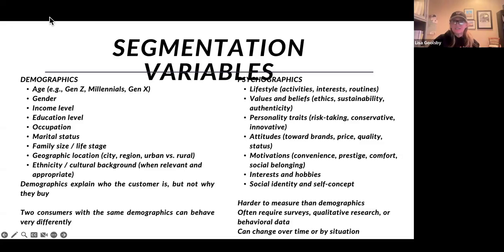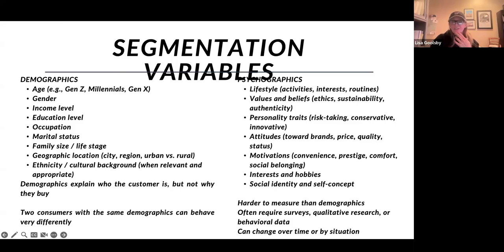When we go to psychographics, that is information such as lifestyle, which is activities, interests, routines, values and beliefs, personality traits, attitudes, might be attitudes towards brands, the price, the quality, motivations, things that motivate them, interests and hobbies, social identity. These things are really hard to measure, and often we only get this information from qualitative research, observation, some kind of survey.